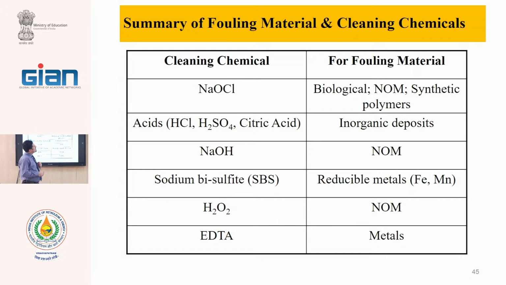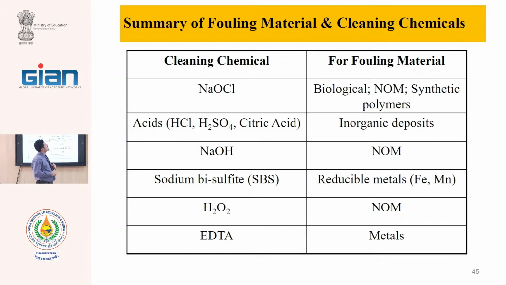So, a summary of the cleaning agent based on the fouling material. Okay, this table is important. When we have biological fouling and natural organic matter or synthetic polymers, polyelectrolyte, the best chemical agent is sodium hypochlorite.